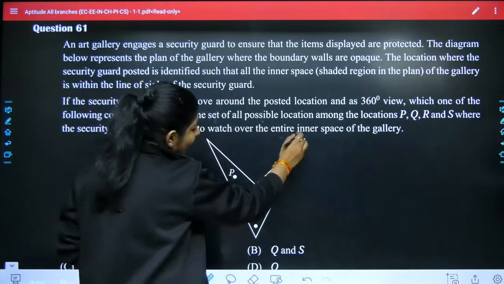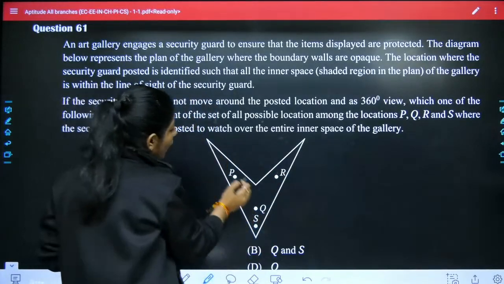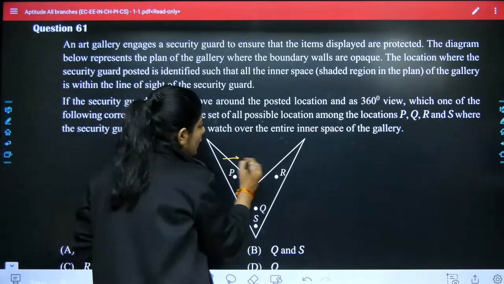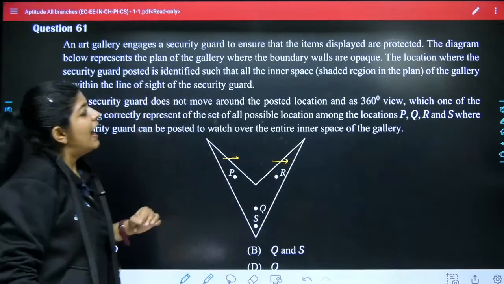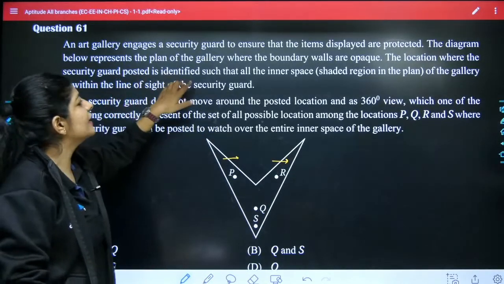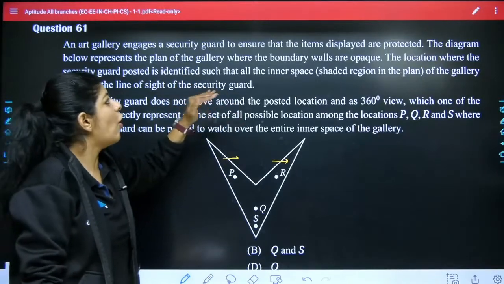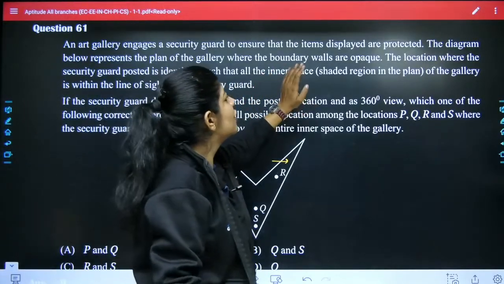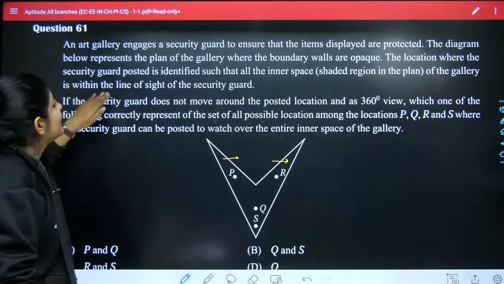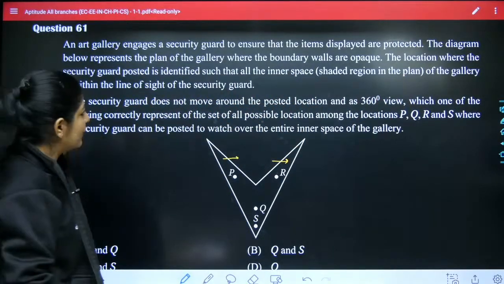Okay, here we have a diagram and here the walls are opaque. That means we can't see through this wall to here. And the location where the security guard is posted is identified such that all the inner shaded region in the plan of the gallery is within the line of sight of the security guard.